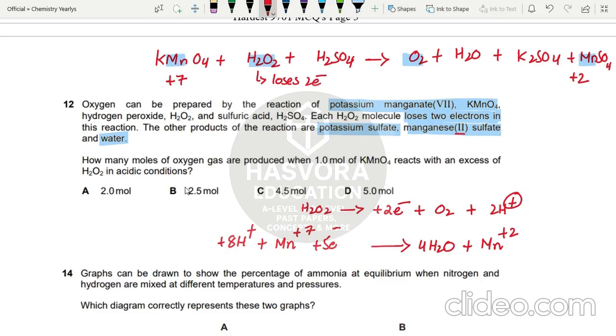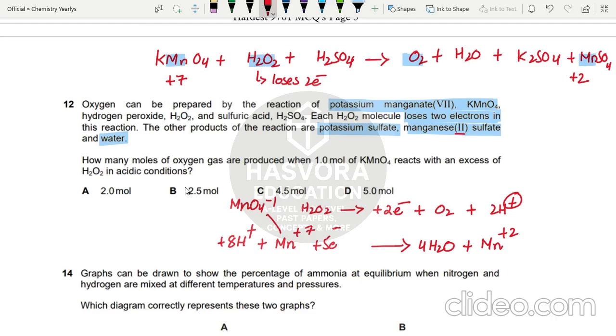Okay, that is why we are adding this, because I just wrote the Mn +7, but it is actually MnO4 -1. Okay, so this is -1, then the +5, so it will become -6, and the +8, so it becomes actually +2. So we have balanced the number of charges.